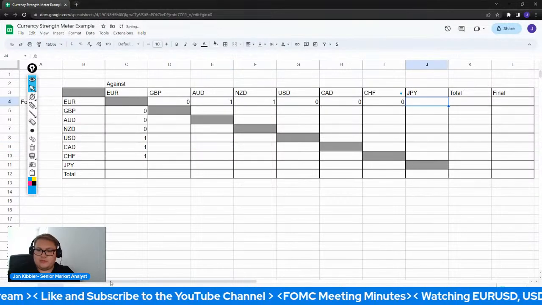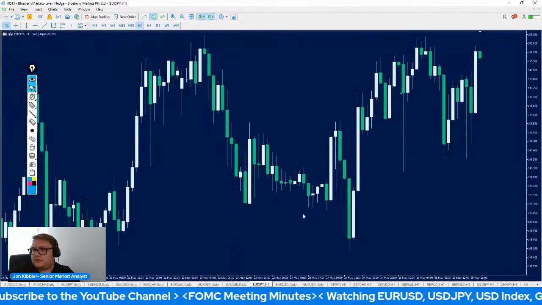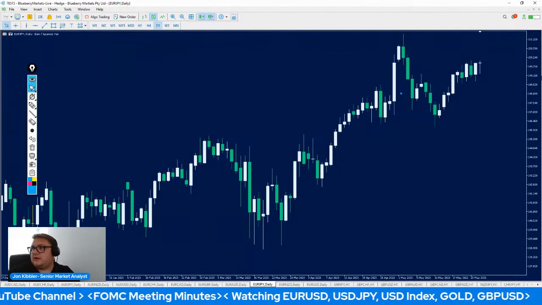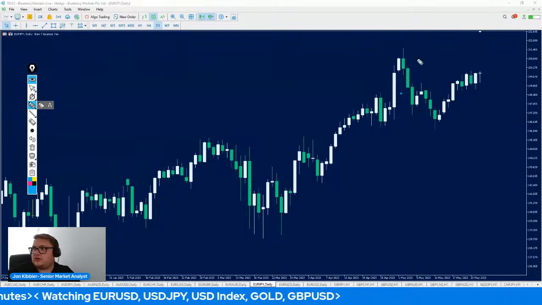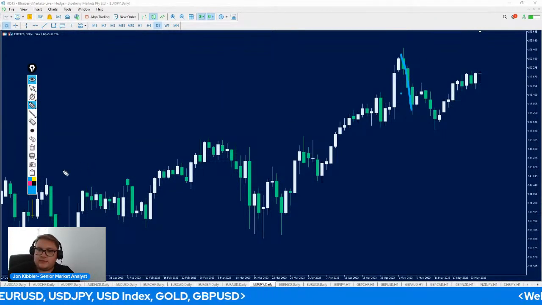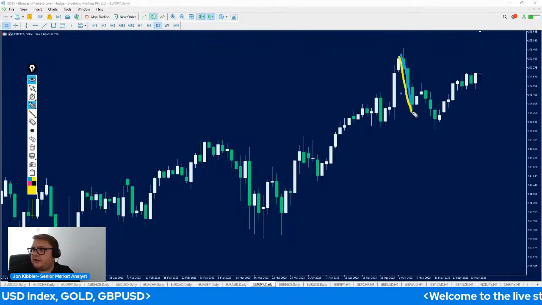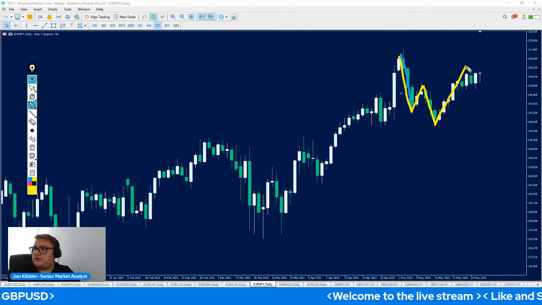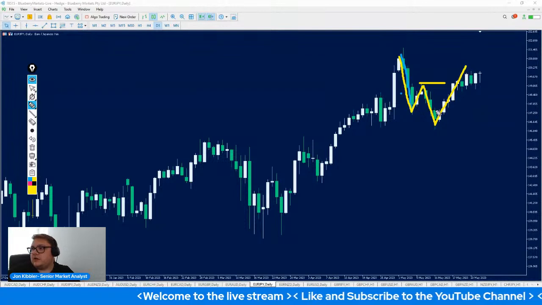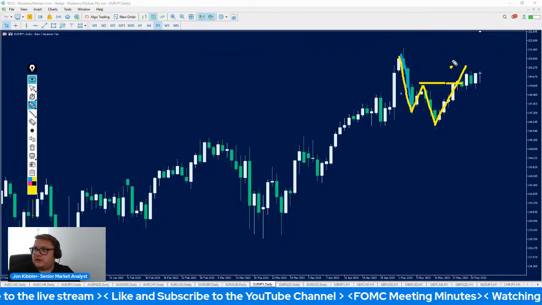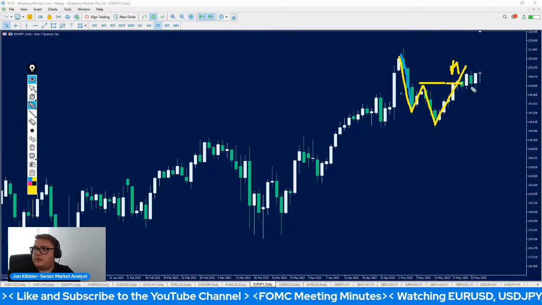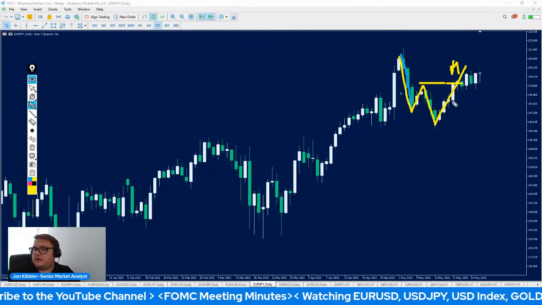And then finally, we've got euro yen. Daily time frame. Now, this is where it's going to get tricky, isn't it? Because we've had a move down. Let me just change the color on that. We've had a move down. We've had a lower low form. Price has made a higher high after breaking that. Okay. So I would argue still that we're probably still looking at the fact that the euro is stronger than the yen.